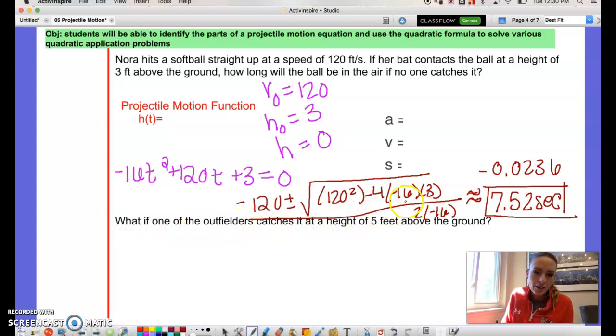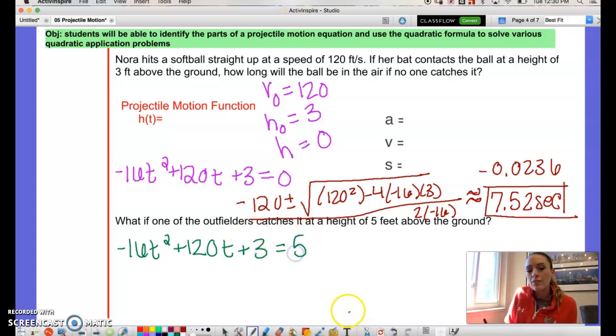Okay, and then one thing that you can change about this, what if the outfielder catches it at a height of 5 feet above the ground? Well, in that case, we would just use our same exact equation, right? She hit it just as hard, and she hit it at 3 feet, but then it landed at 5 feet. So if someone caught it up in the air at 5 feet high, how long would that take?